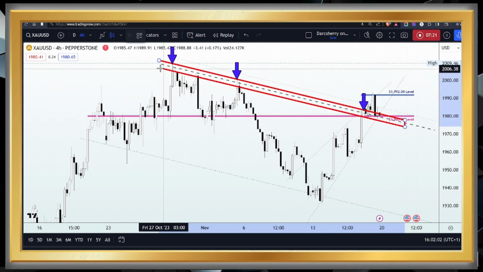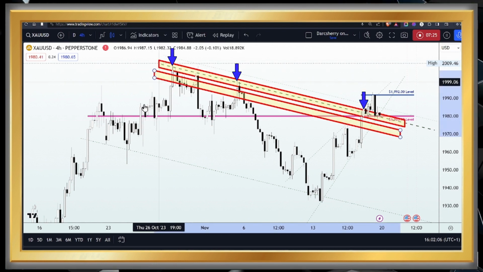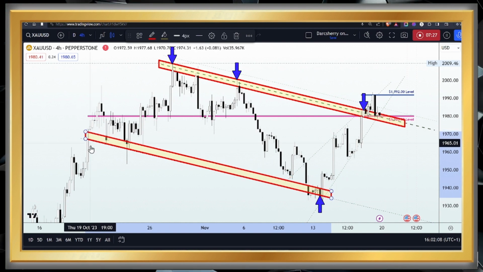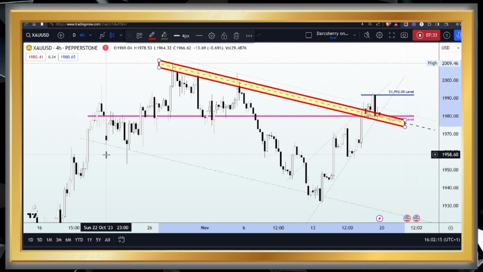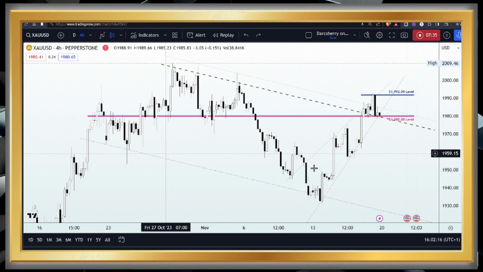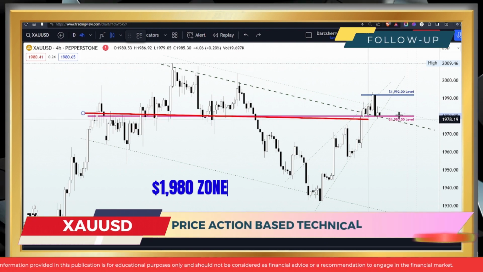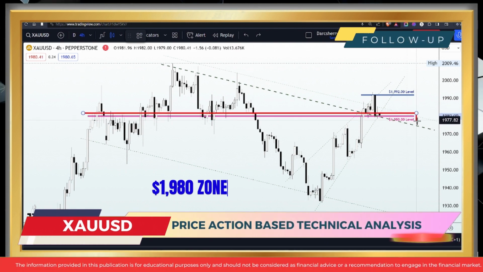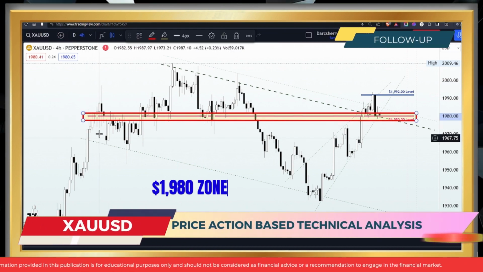We have the resistance line of the descending channel, while the connection of the series of lower lows here gives us the support line of the channel. And don't forget that we have the key level, which we identified on the higher time frame at the 1980, which is exactly where price action is at the end of last week.